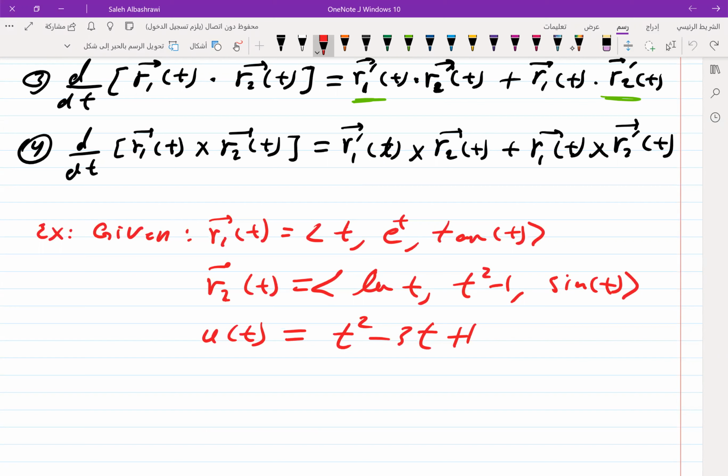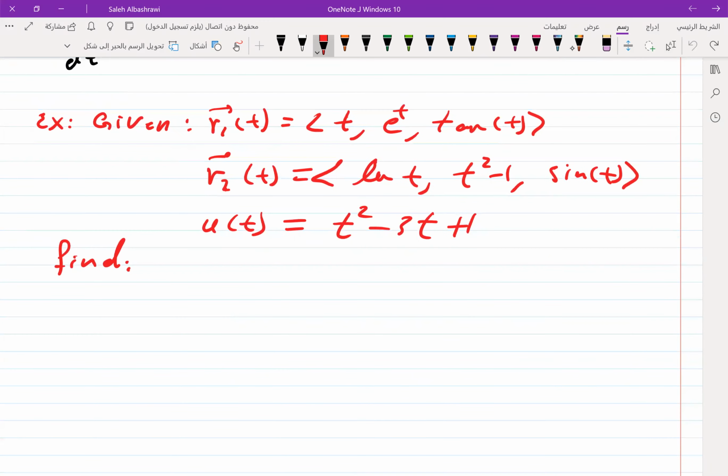So let's find A. I need to find the derivative of this one: u of t, scalar function, multiplied by the first vector valued function.